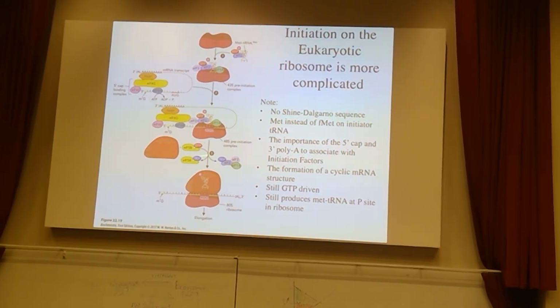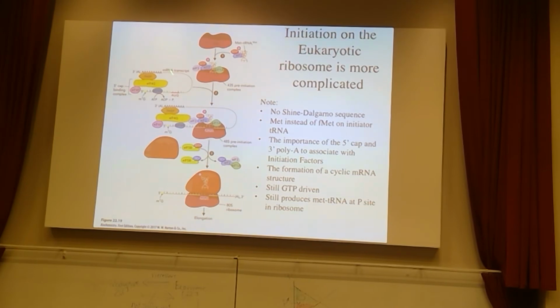We don't use N-formyl methionine as the initiator tRNA. Instead, it's just a regular methionine. This is the composition of the mRNA as it is brought onto the small subunit of the ribosome.